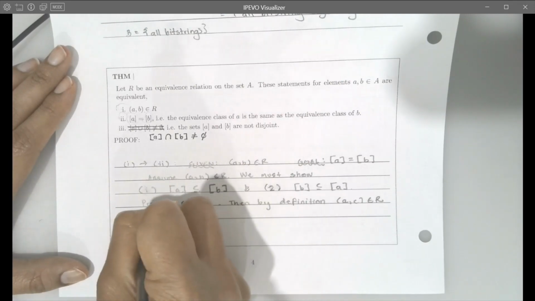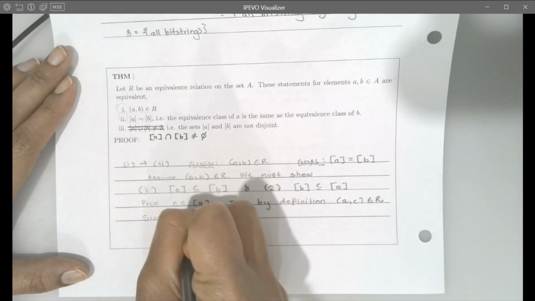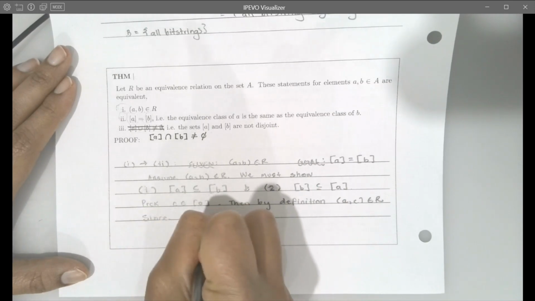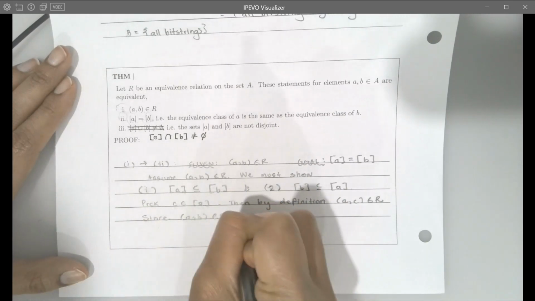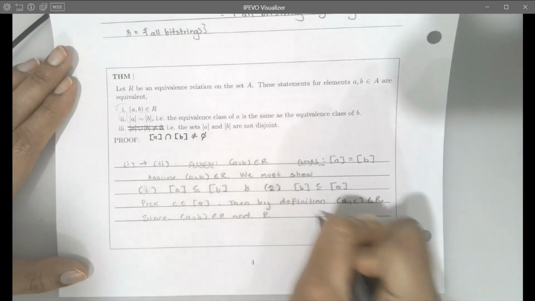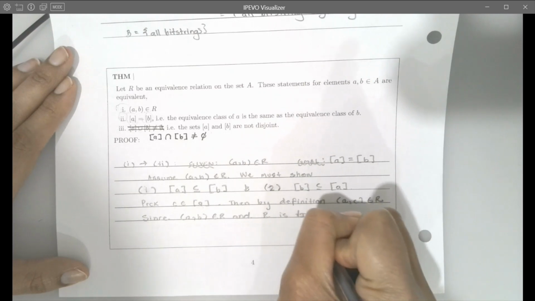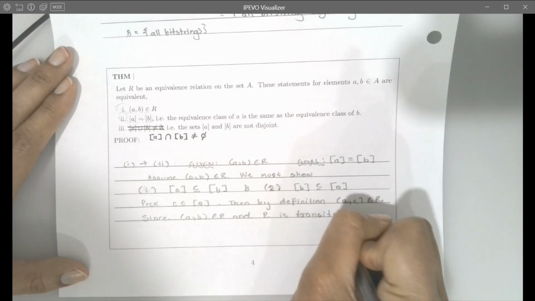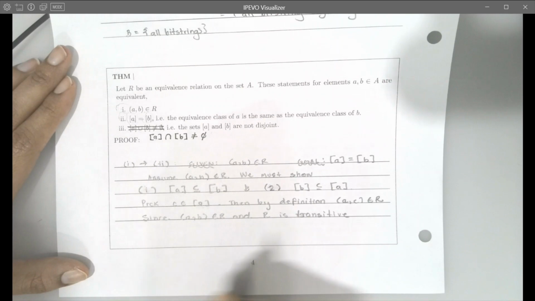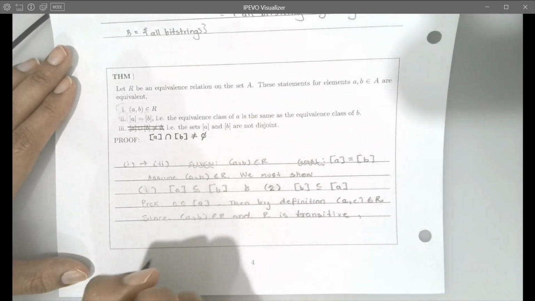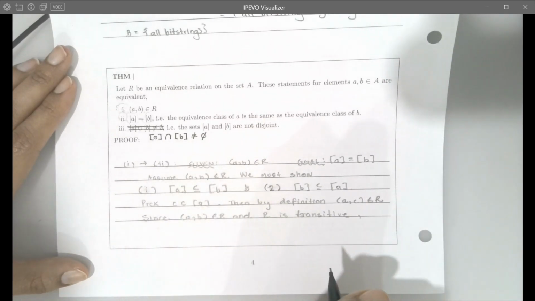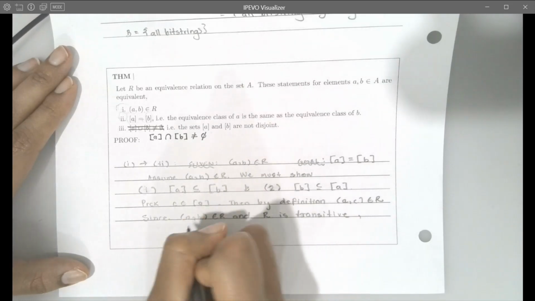Now, since A comma B is part of the relation, and R is transitive by definition, well then that means that B comma A has to be part of the relation.